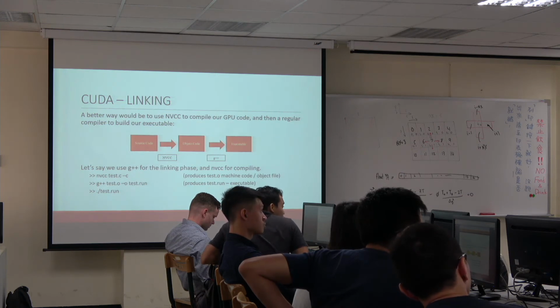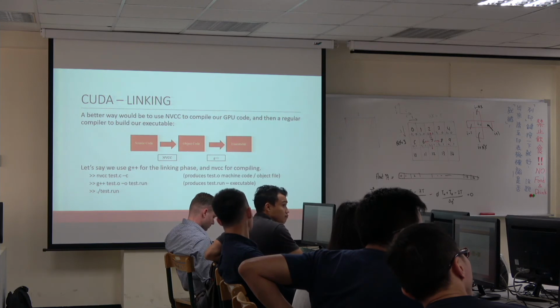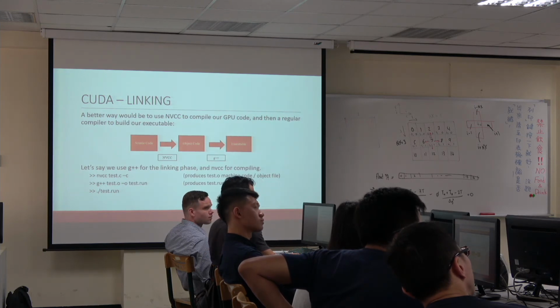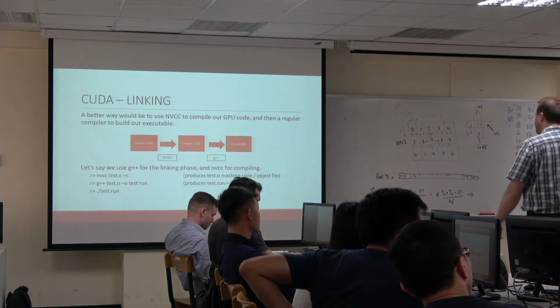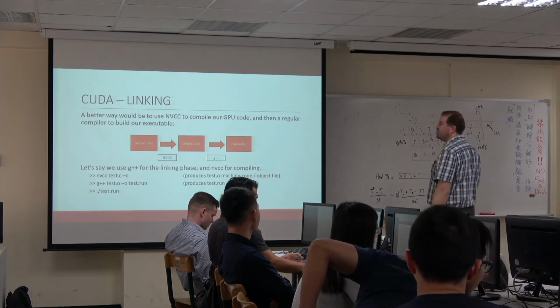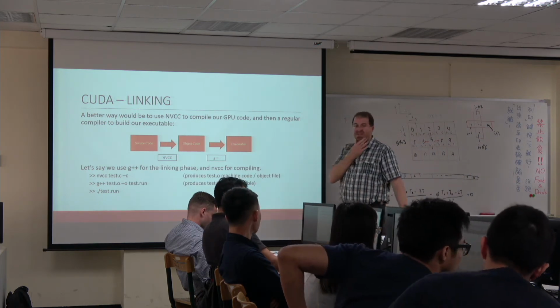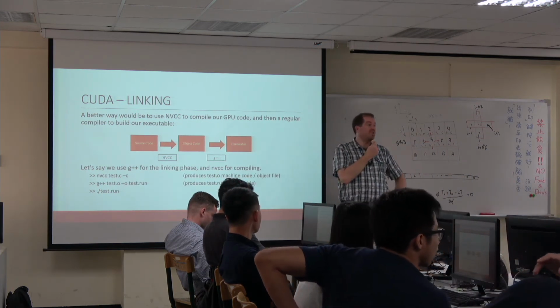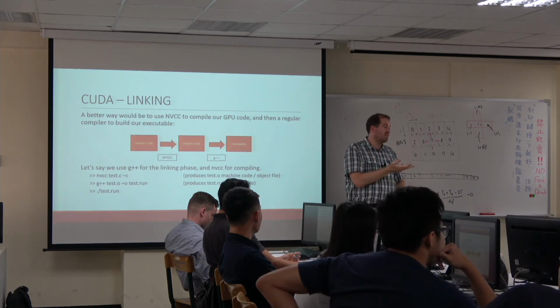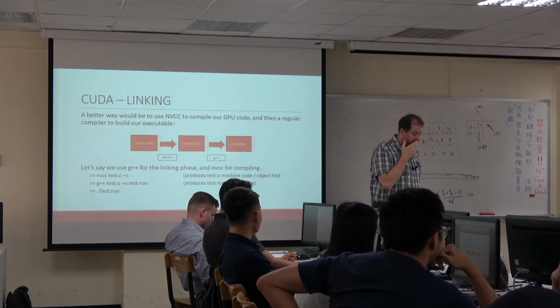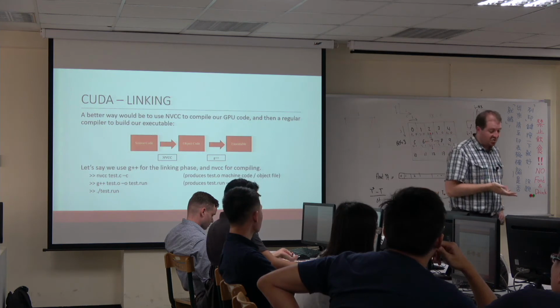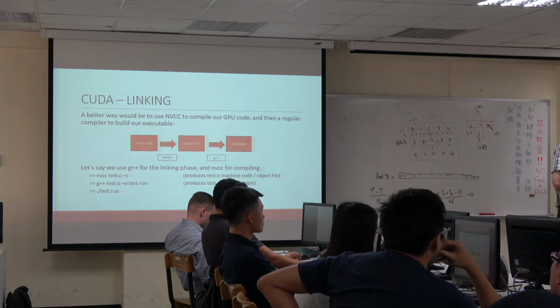There are only a couple of problems. One being, when we use G++ there to take our GPU object, that is an NVCC object, we're linking and we're going to create an executable that is potentially capable of performing GPU computations. Now, G++ is used to creating applications for the CPU, the host. There are some libraries that it needs access to in order to create an executable which will be able to use the GPU.